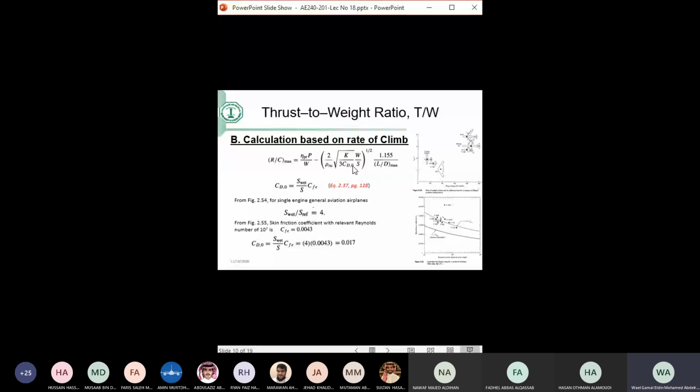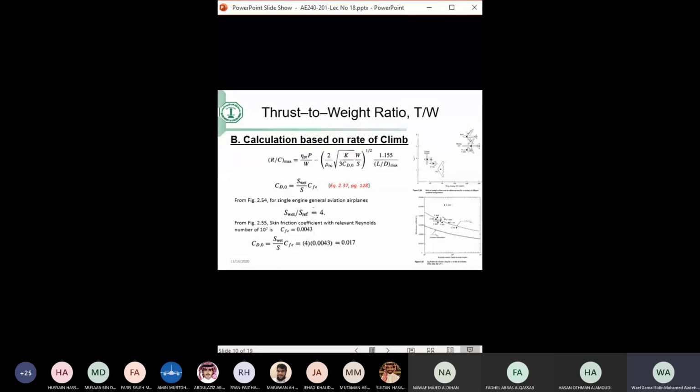Let's start with CD naught. One way to do this is just to put a reasonable value, just like we did for the efficiency of the propeller. If you are a student in AE 427, they typically put CD naught for a propeller aircraft of 0.02. If it's a jet aircraft, they would use 0.015. Reasonable values to start with. Another way is to relate that CD naught to the skin friction of the aircraft.